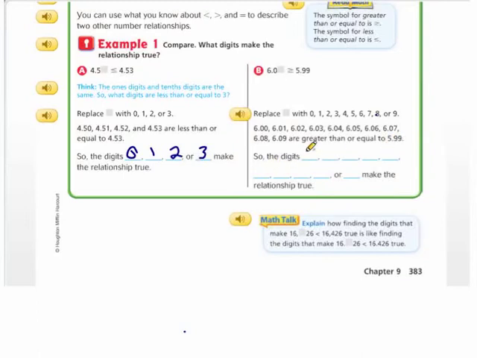So the digits 0, 1, 2, 3, 4, 5, 6, 7, 8, or 9 make this relationship true.